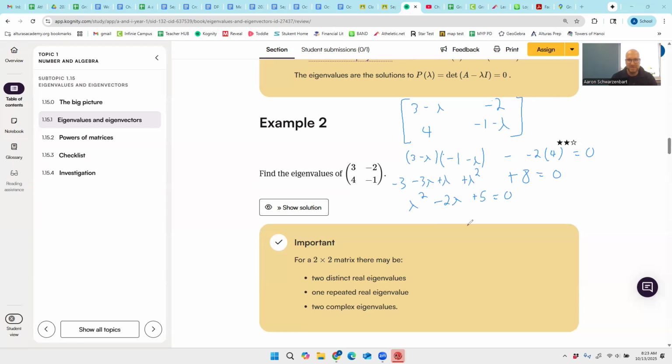And now I cannot solve this by factoring. Lambda equals 2 plus or minus the square root of 4 minus 4 times 1 times 5, over 2 times 1.